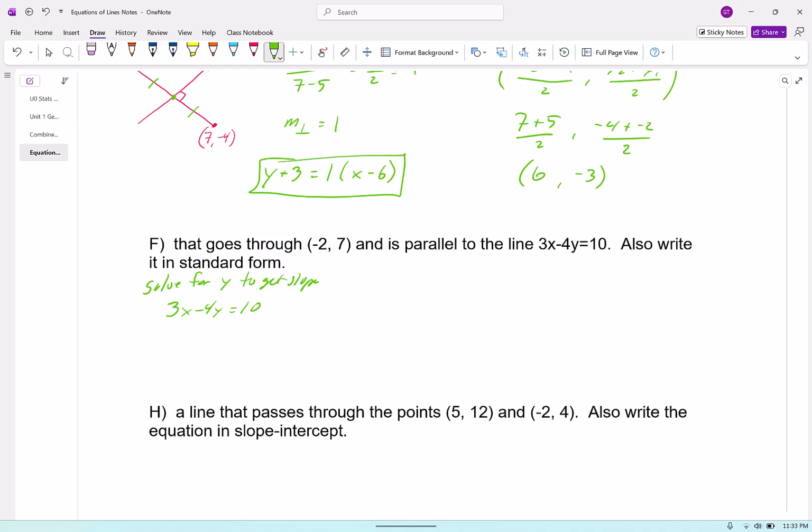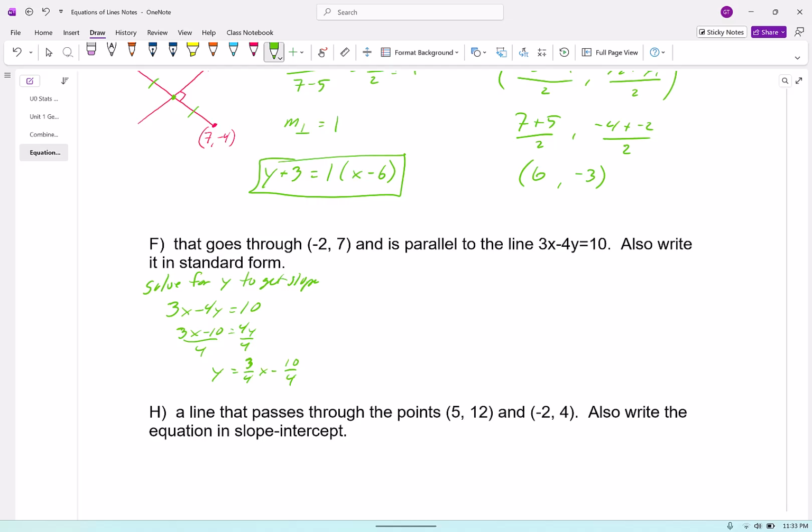I'm going to get 3x minus 10 equals 4y, and divide by 4 on each side. So I get y equals 3/4 x minus 10 over 4, or 5 over 2 would be fine. So now I have a slope of 3/4.